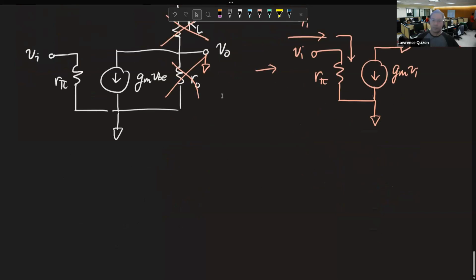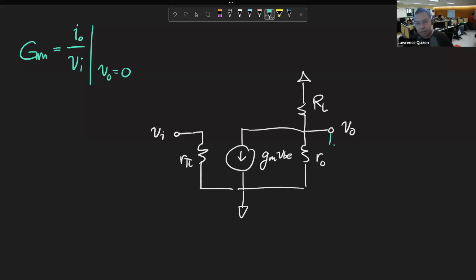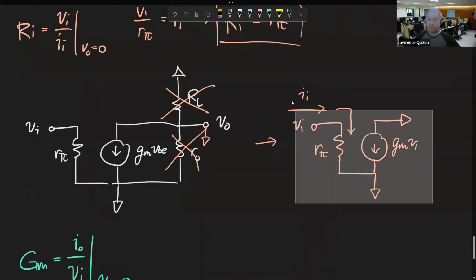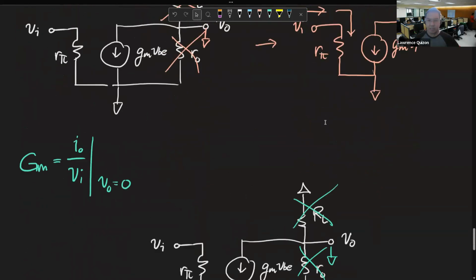So, lastly, let's calculate GM. So, we said GM is equal to I out over V in, given that the output is 0. So, if the output is 0, we also have the same condition as last time. So, cancel this, cancel that. So, really, all I need to do is copy-paste this to get the equivalent circuit.